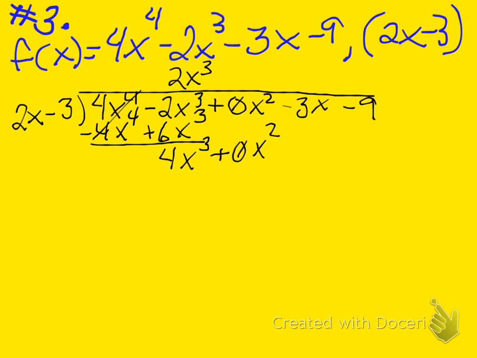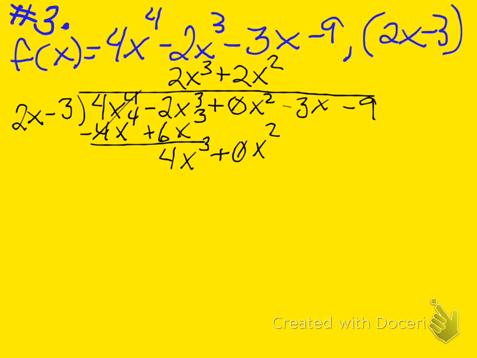Alright, so now we're going to do the same thing again, looking at the first terms. What will I need to multiply 2x by in order to get 4x cubed? I would have to multiply by 2x squared. So I'm going to put plus 2x squared right up here. Then we do the same thing that we did in the line before.